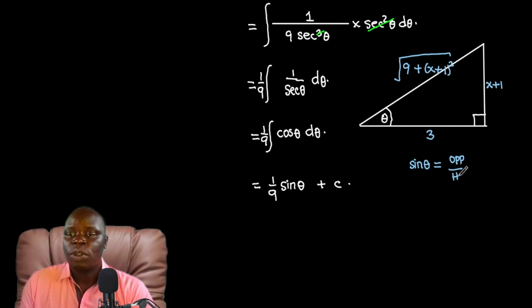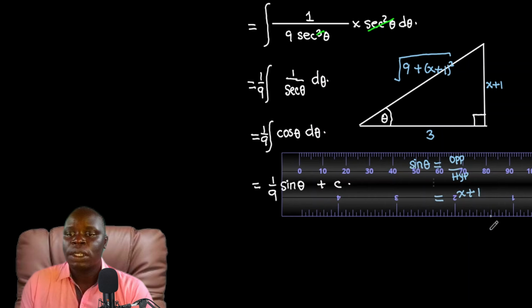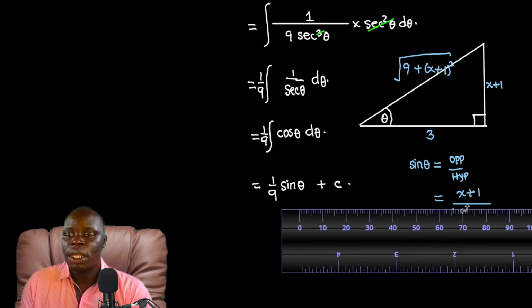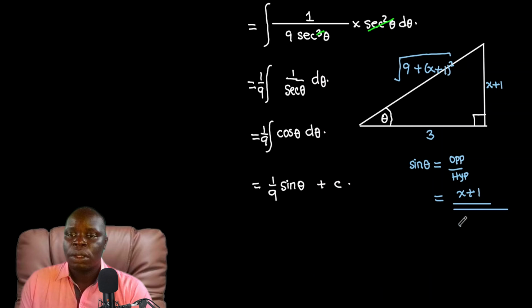So the opposite is this parameter here, that is x plus 1 over, we can have the denominator down here as square root of 9 plus x plus 1 squared.